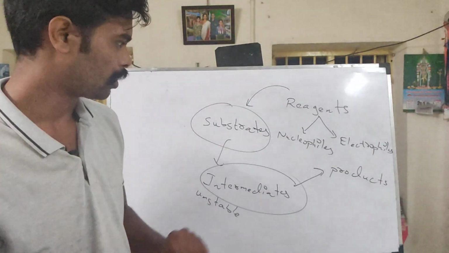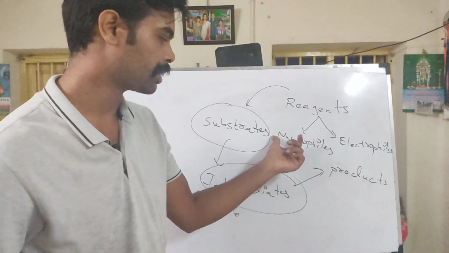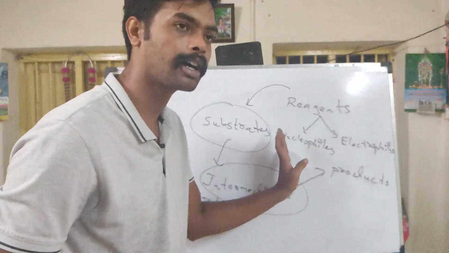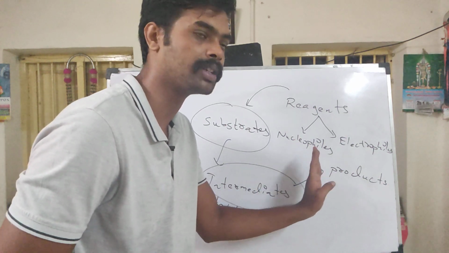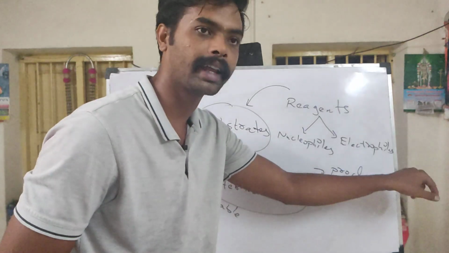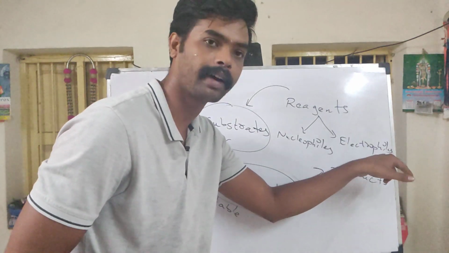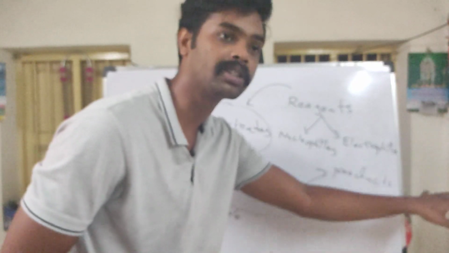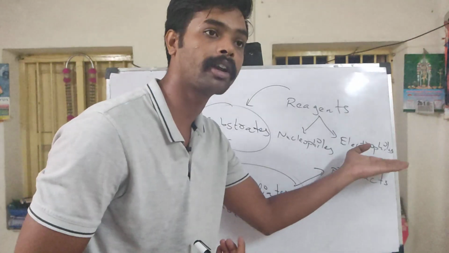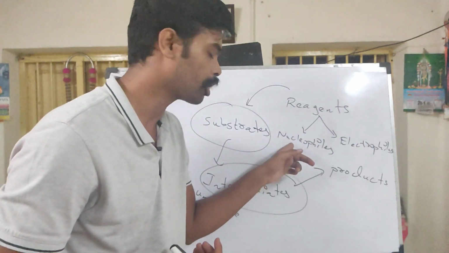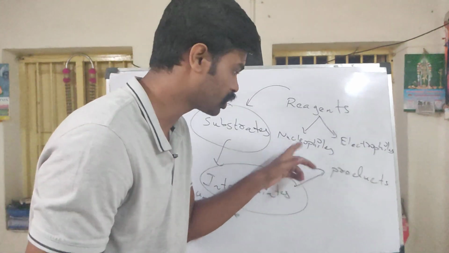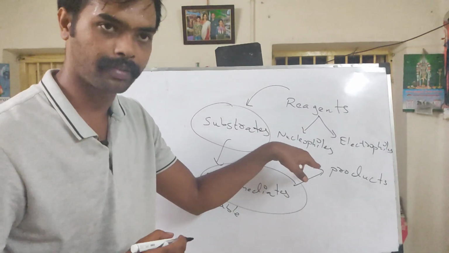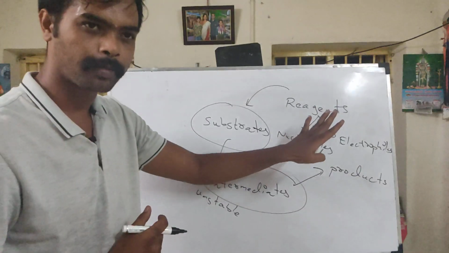Nucleophiles, as the name tells you, nucleus, phile, loving, so these are positive charge loving species. And electrophiles, electron, phile meaning loving, so these are negative charge loving species, so they have high affinity for negative charge. The nucleophiles have high affinity for positive charge. Now I can further classify them, but I don't want to speak about it today.